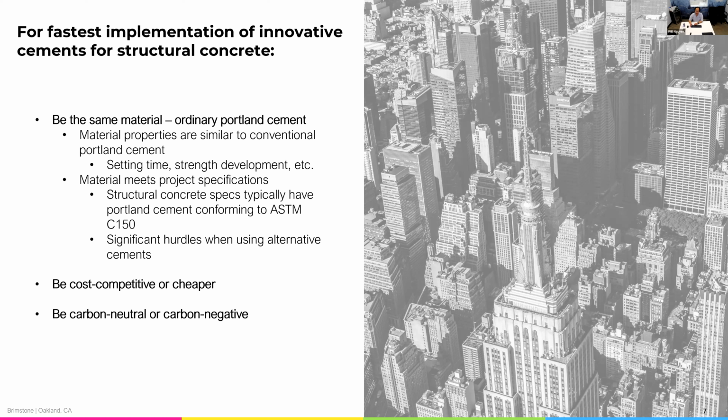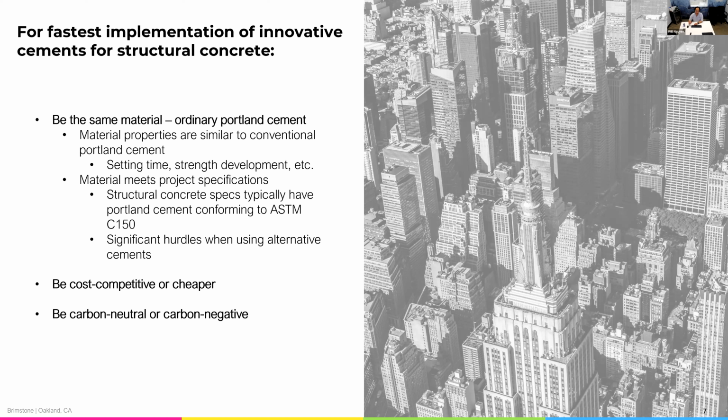What's also important about having our material be an ordinary Portland cement is that it can meet the ASTM requirements for Portland cement, which is ASTM C150. This allows us to implement the material as quickly as possible through project specifications.